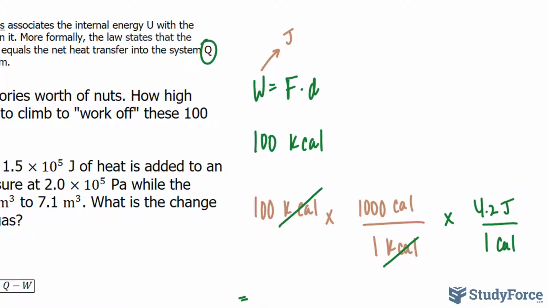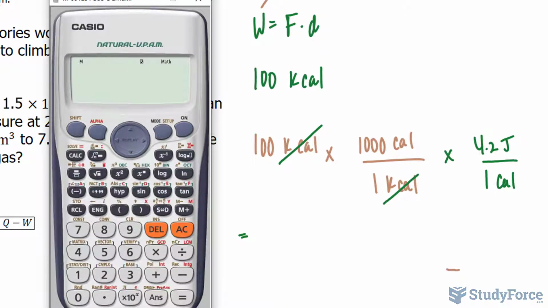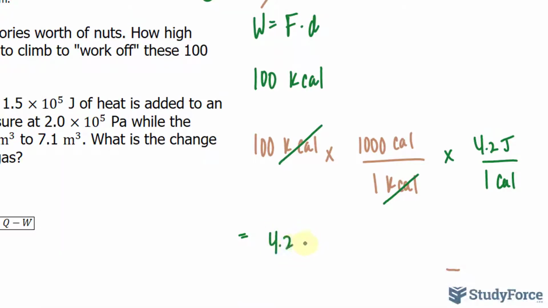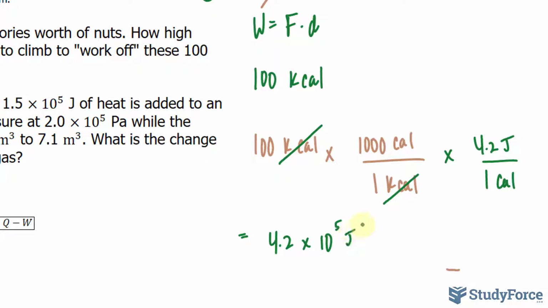So by multiplying all this out, we should end up with a value that's in joules, and that's the total amount of work that we need to perform to burn off or work off this consumption. We end up with 420,000, or 4.2 times 10 to the power of 5 joules.